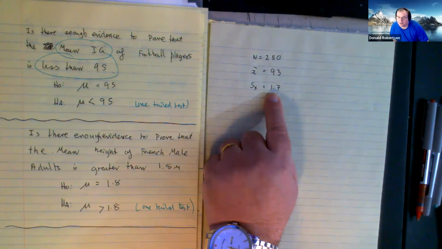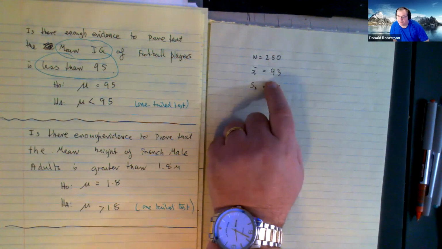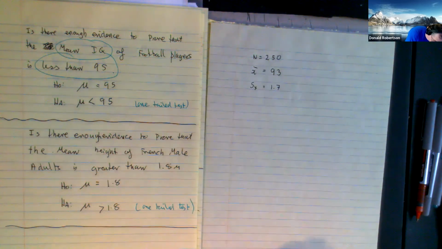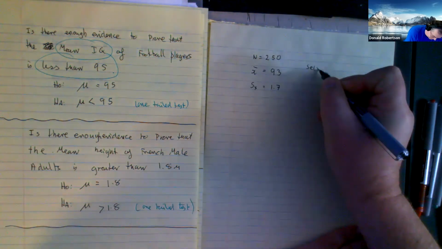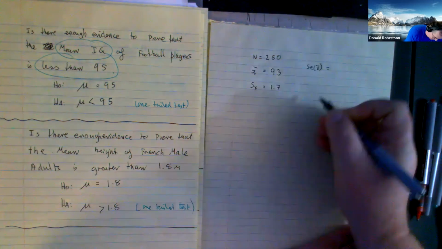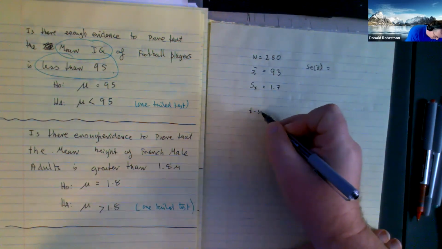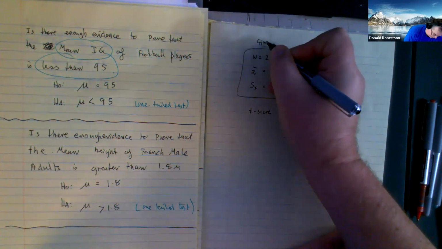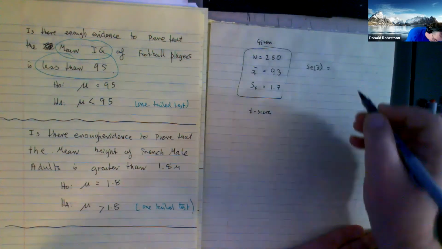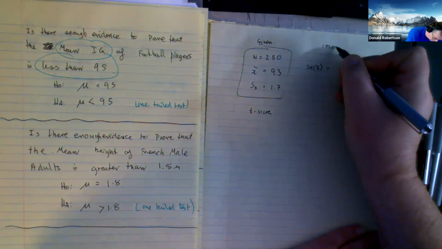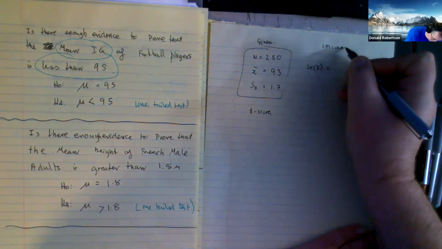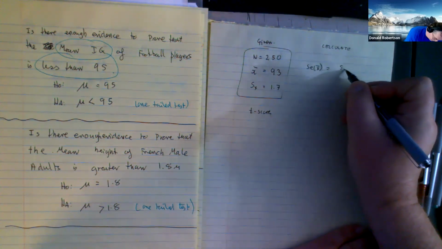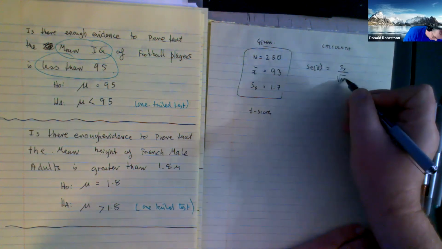Those numbers I typically need to be told, right? I won't necessarily calculate them, so you'll get them for free. So all I need to do now is find the standard error, and then I can get the t-score. These numbers you will be given. This you will calculate. The standard error is the standard deviation divided by the square root of the sample size.